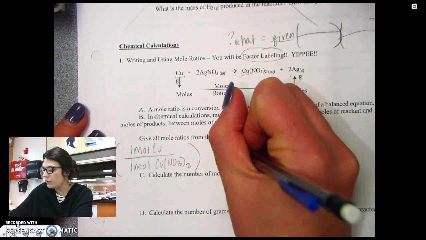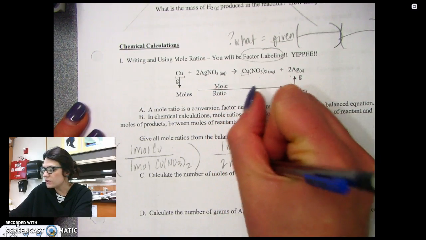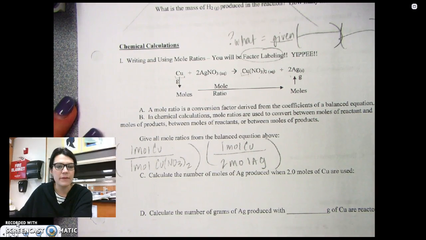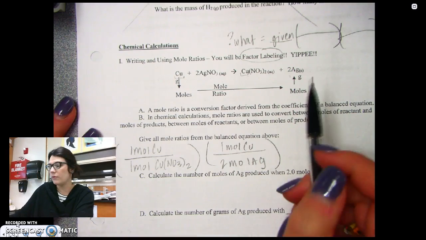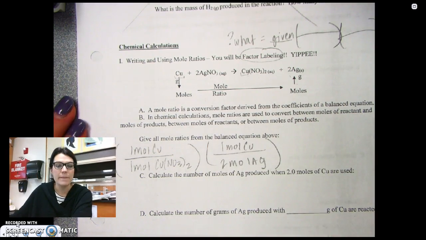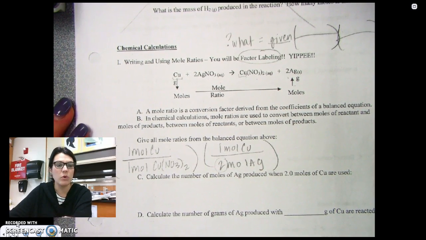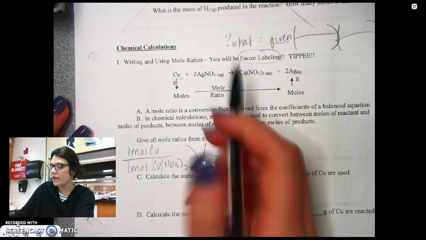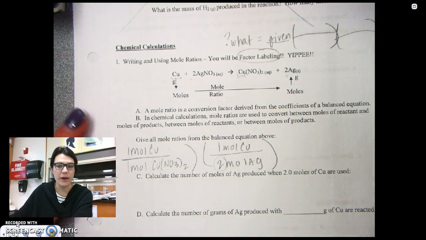For every 1 mole of copper, I can create 2 moles of silver based off of this chemical reaction, okay? I could keep going here, and these ratios could be flipped if I'm moving from the product to the reactant side. I think it's important to note here, we're moving away from just having 1 in relationship to a mole. We can now have more numbers than just 1, depending on the coefficients from the balanced chemical equation, okay?